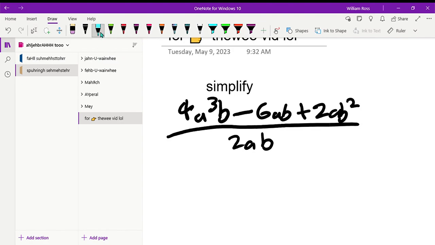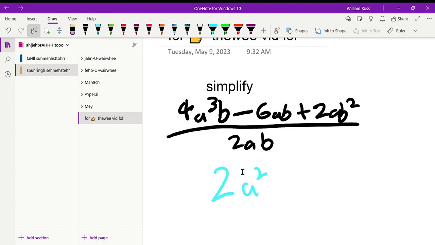So 4 divided by 2 is 2. A to the third over a would be a squared. And b over b, the b and b would cancel out, so it would be nothing.